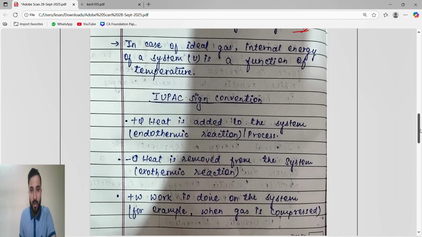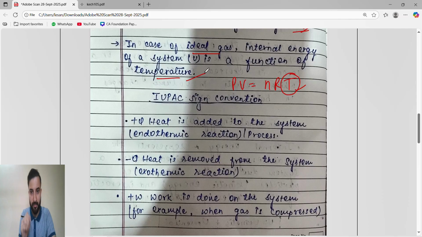Now next, in case of an ideal gas, PV equals nRT. Pressure and volume are directly proportional to temperature. In case of an ideal gas, the internal energy of a system is a function of temperature. That's it. It's not a function of work or heat. Because in the ideal gas formula PV equals nRT, n is the number of moles and R is the universal gas constant. These two do not matter. The main thing is temperature, so it's a function of temperature.